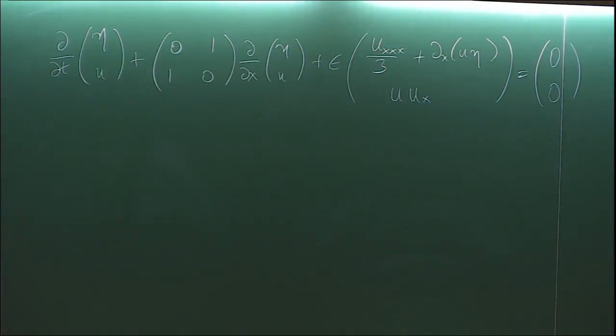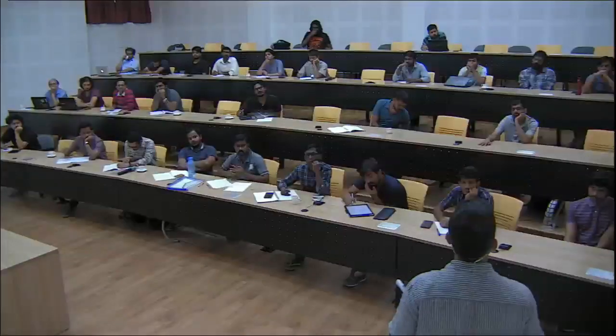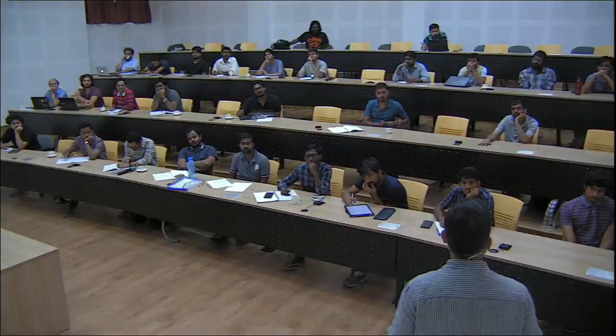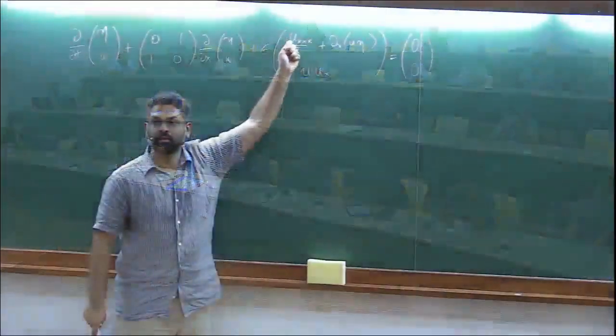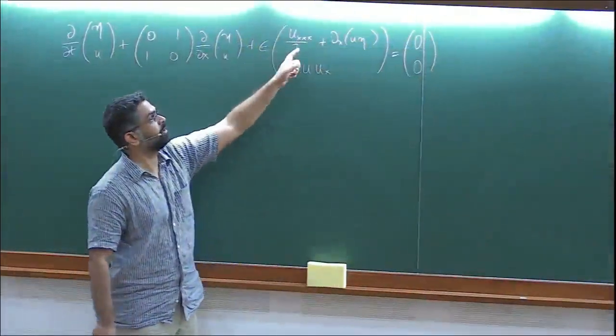Right? So it's not just an issue of scaling the unknown field by an epsilon, I've also somehow stretched x. Because if I just scaled u to epsilon u, eta to epsilon eta, this term would not have got an epsilon. The fact that it has an epsilon is the fact that it has higher derivatives.